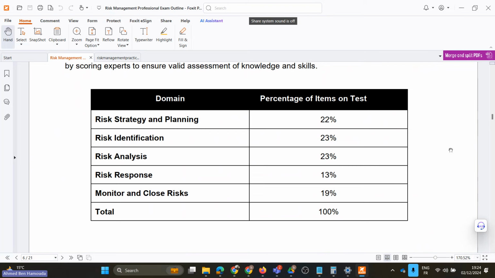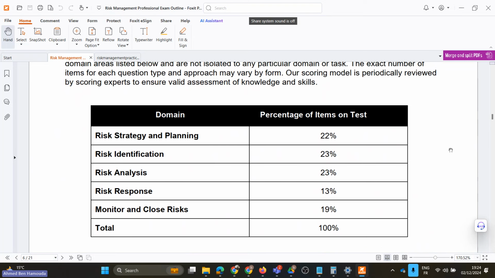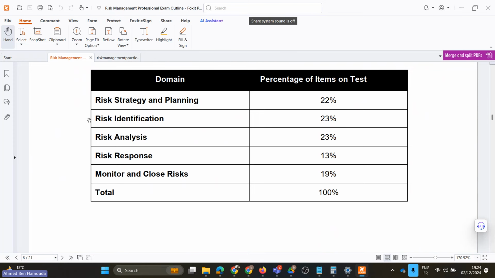So the RMP exam has 5 domains. The first domain is risk strategy and planning, and we will talk about this in detail: how to plan for your risk management, defining your risk management plan, your risk matrix, etc. That's 22% of the exam.